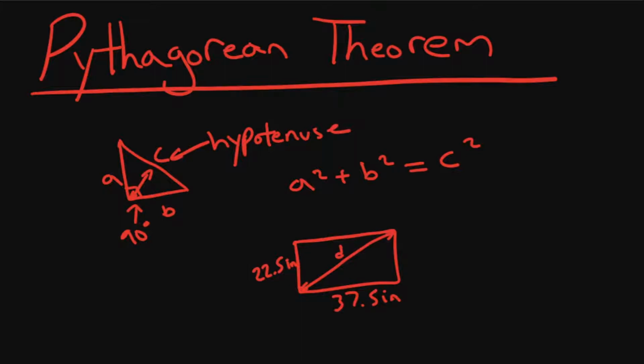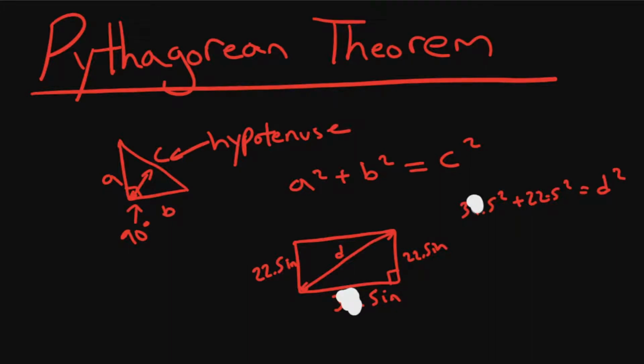So these two sides join to make the right angle, the A and the B, and we're looking for the C. If we plug this in, 37.5 squared plus 22.5 squared equals D squared. Oh wait, I messed that one up.